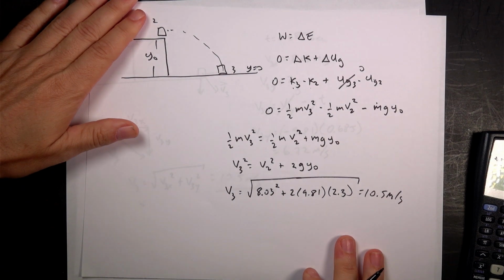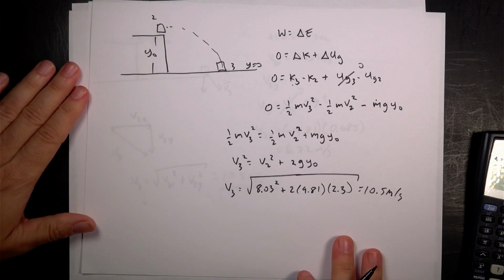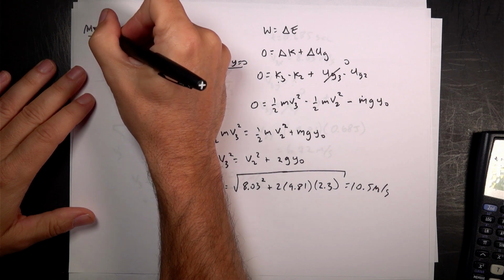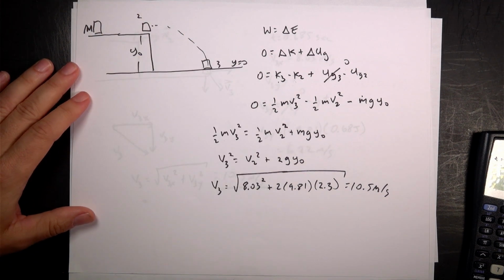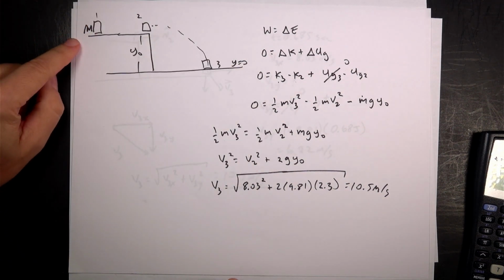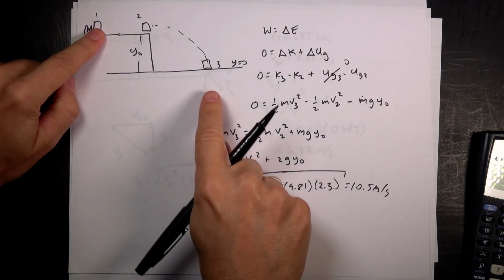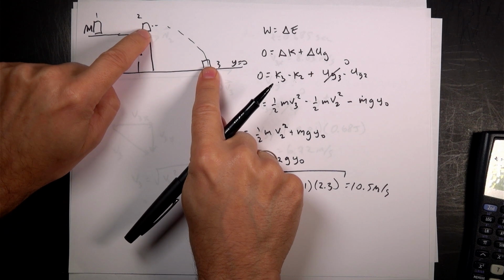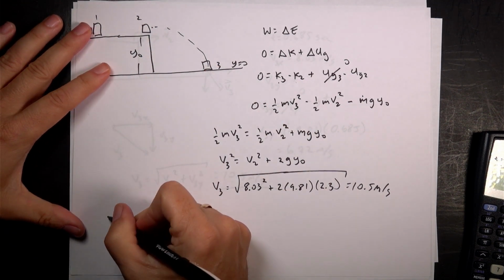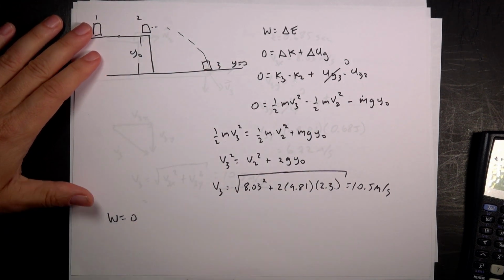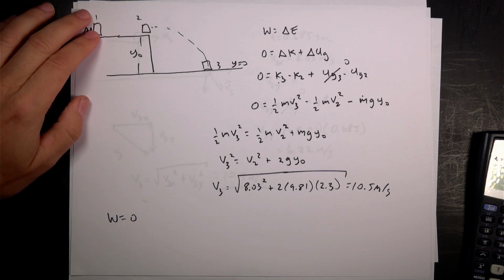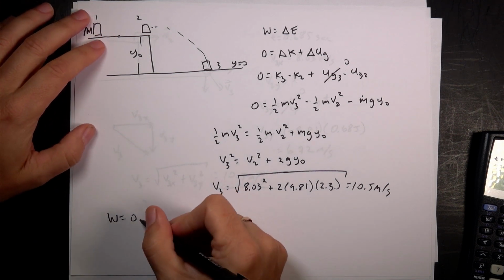Okay, wait. There's actually one more way. I know, I lied. Let's go back to here, position 1. I could use the same work energy principle going from 1 to 3. I could skip 2. Who cares about 2? If you're just trying to find the velocity at the end, you could skip that. So if you do that, I'd say work equals 0. Again, the only force acting on the system is the normal force, but it has no work because it's perpendicular.